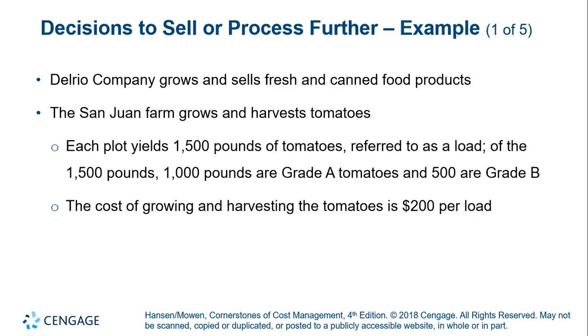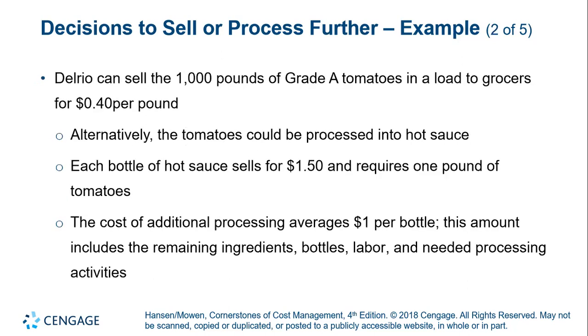The cost of growing and harvesting the tomatoes is 200 per load. So Del Rio can sell the 1,000 pounds of grade A tomatoes in a load to grocers for 40 cents per pound. Alternatively, the tomatoes could be processed into hot sauce.